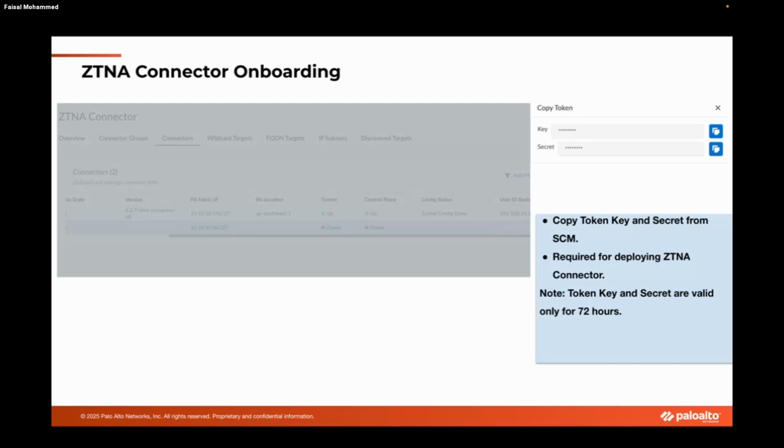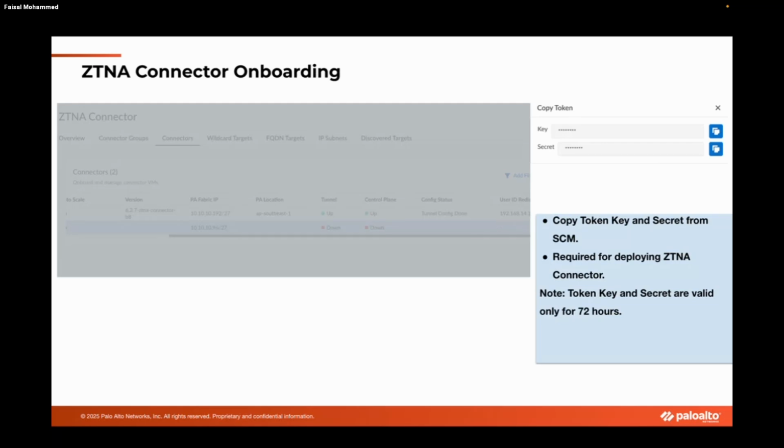This token, once you generate it, is only valid for 72 hours. We cannot reuse it. The only situation where the token, key and secret is reusable is in an auto scaling deployment, where the AWS and Azure auto scale groups will onboard and remove the connectors according to the network throughput and scaling requirements.